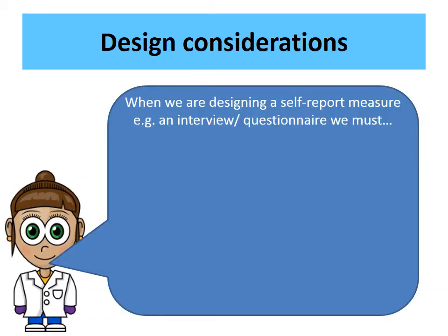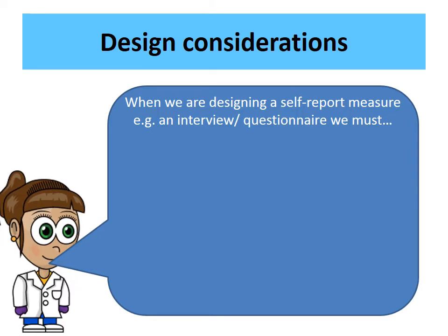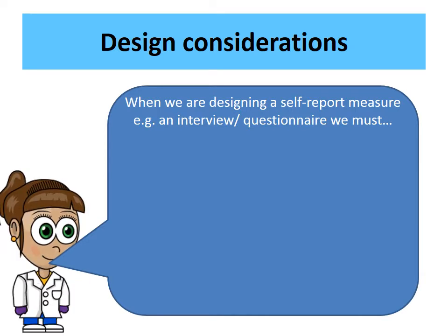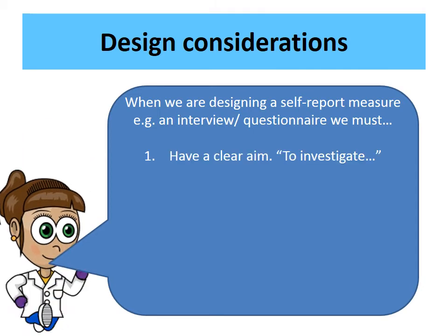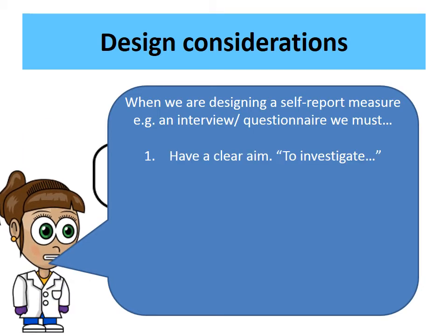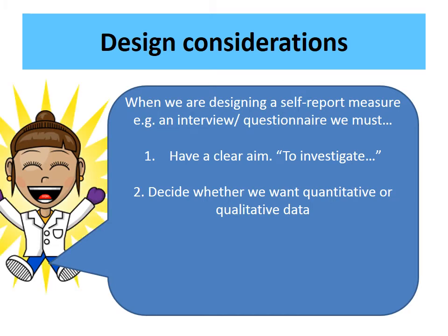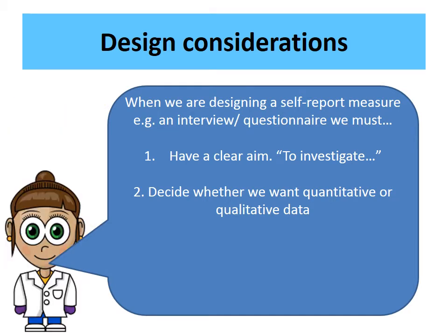Right, so when we are designing a self-report measure, so when we are deciding how we will put our interviews or questionnaires together, there are some things that we have to consider. The first one is we have to have a clear aim. Secondly, we've got to decide whether we want quantitative or qualitative data from our results.